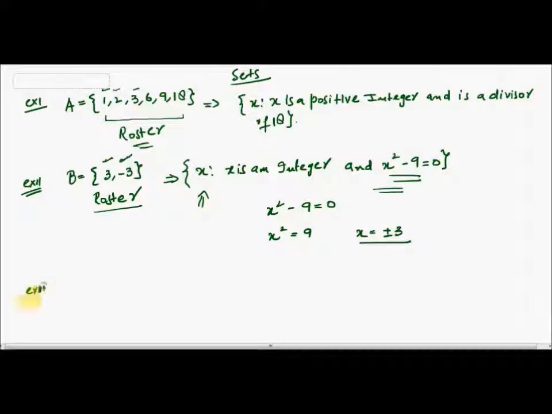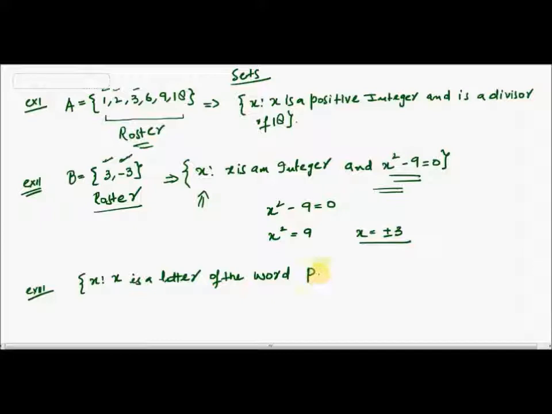Now some more interesting examples. Let's take example number 3. Now suppose we have a set builder form and we have to convert it into a roster form. How will we do that? Let me suppose I have x such that x is a letter of the word principal.